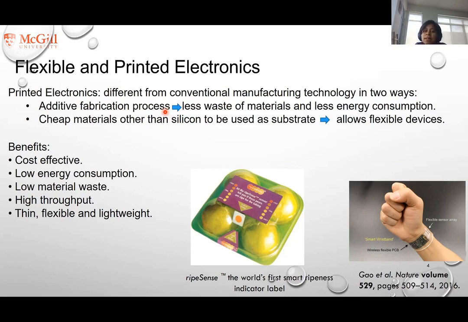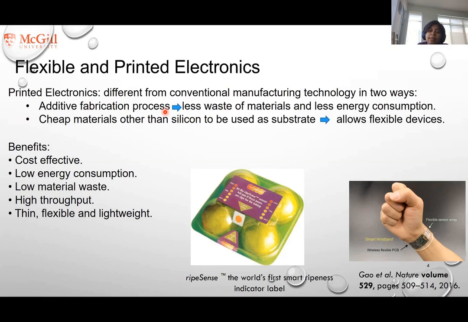So we can use many types of cheap materials as a substrate, like paper or plastic. Since we can use paper or plastic substrates, this means that we can actually make flexible devices out of printing technology.